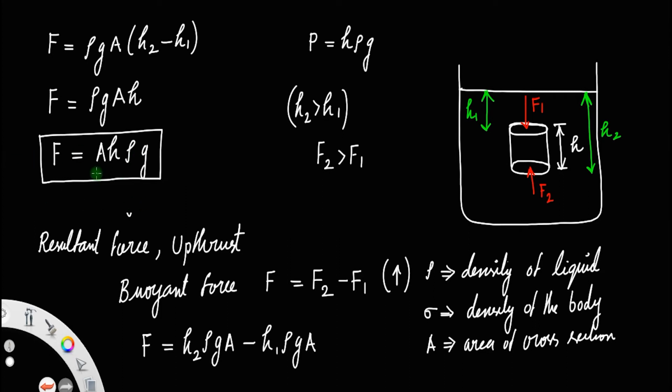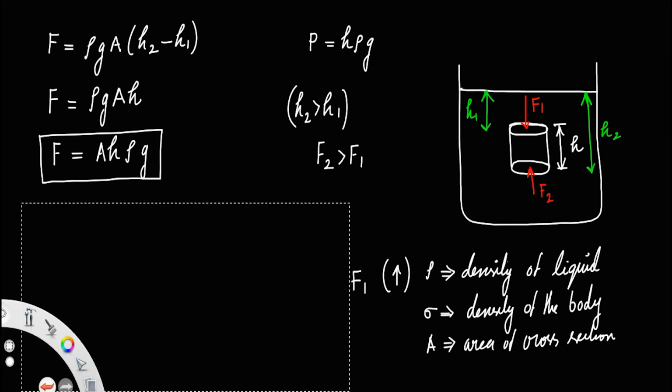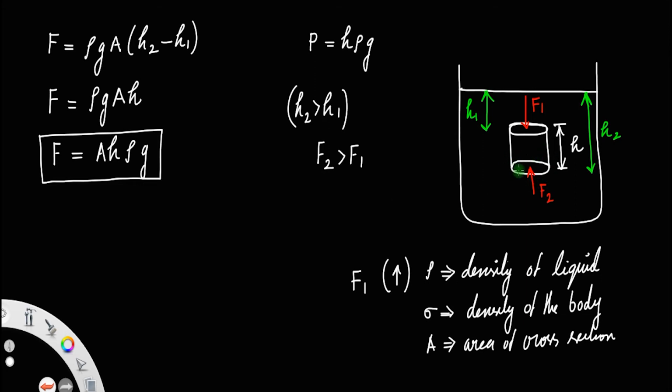Now let us interrogate the different terms in the equation of force. First, the term A into H, which means base area of the cylinder into height, gives the volume of the body.